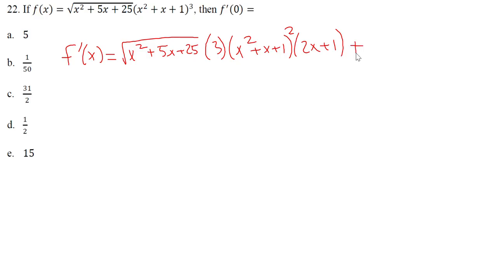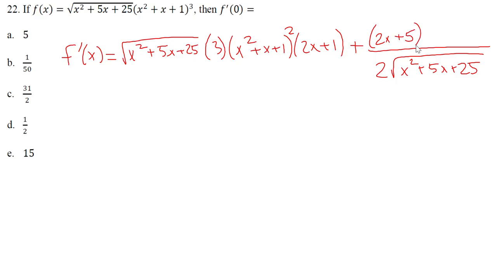Then we'll add to that the derivative of the root of x squared plus 5x plus 25, which is 1 over 2 root of x squared plus 5x plus 25, times the derivative of x squared plus 5x plus 25, which is 2x plus 5, and then times the second function, which is x squared plus x plus 1 cubed. So that's our derivative. And we want to evaluate that when x is 0.